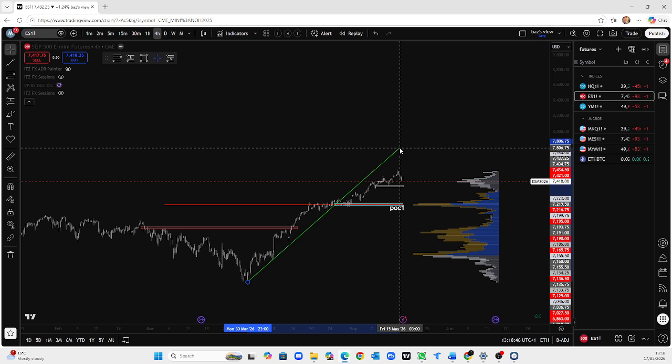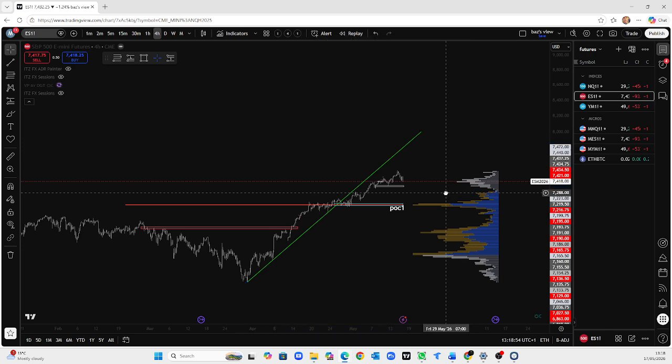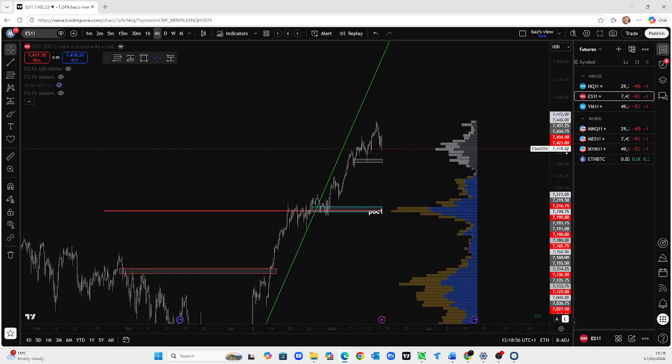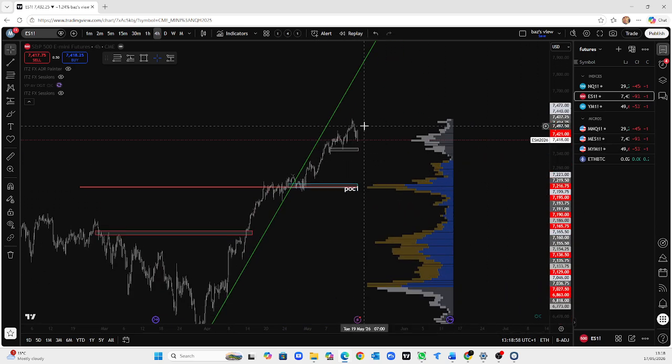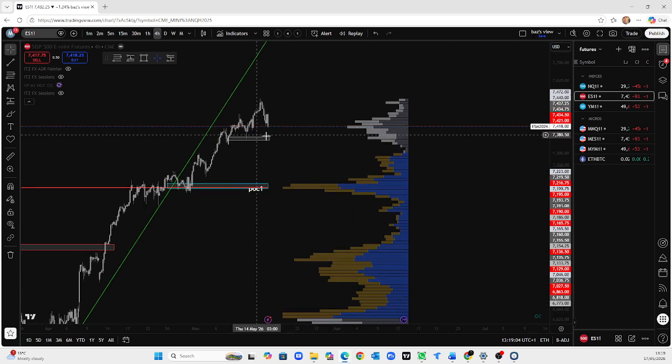The ES trend has actually been broken a while ago, from what I can see. For now though, the next move will be, I'm going to ignore this because this has already been tested.